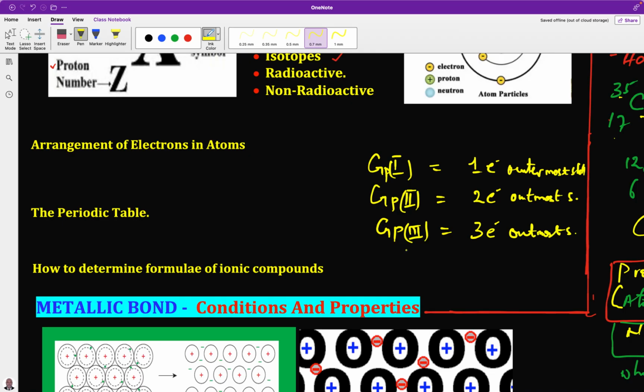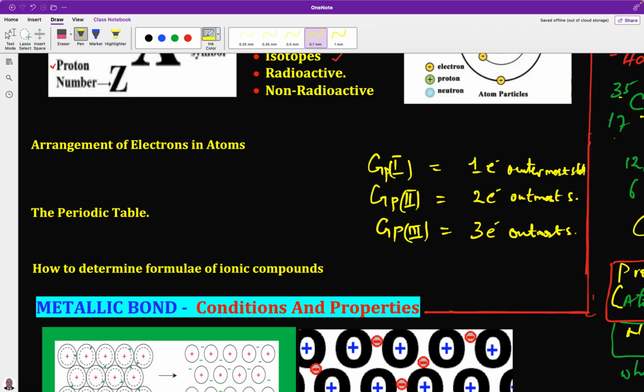Once more, the periodic table is an arrangement of elements in order of groups and periods. As you move from left to right, those are the rows, the periods.